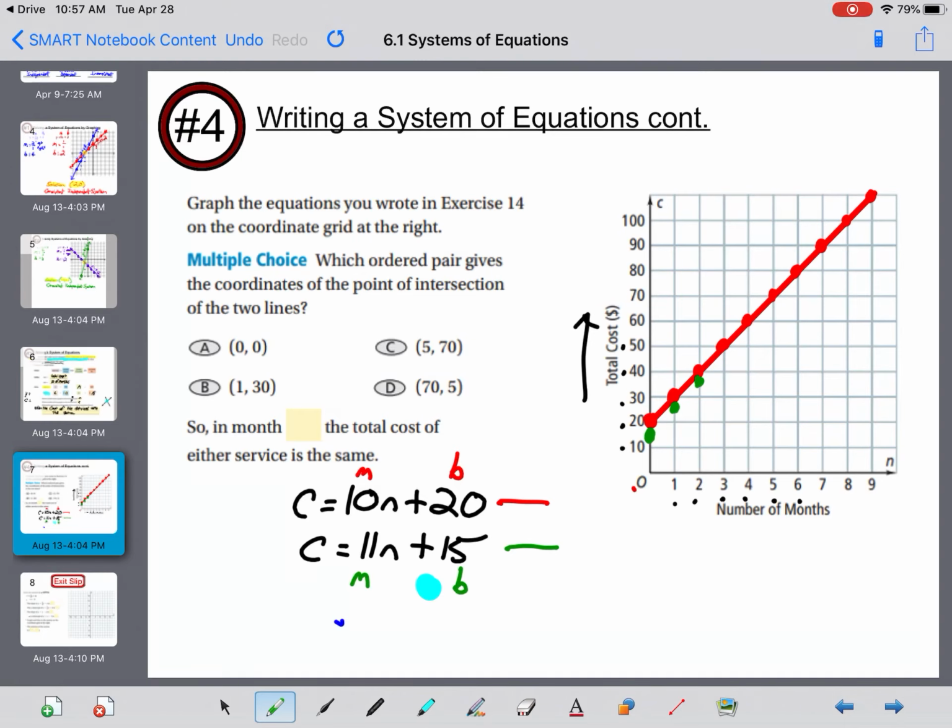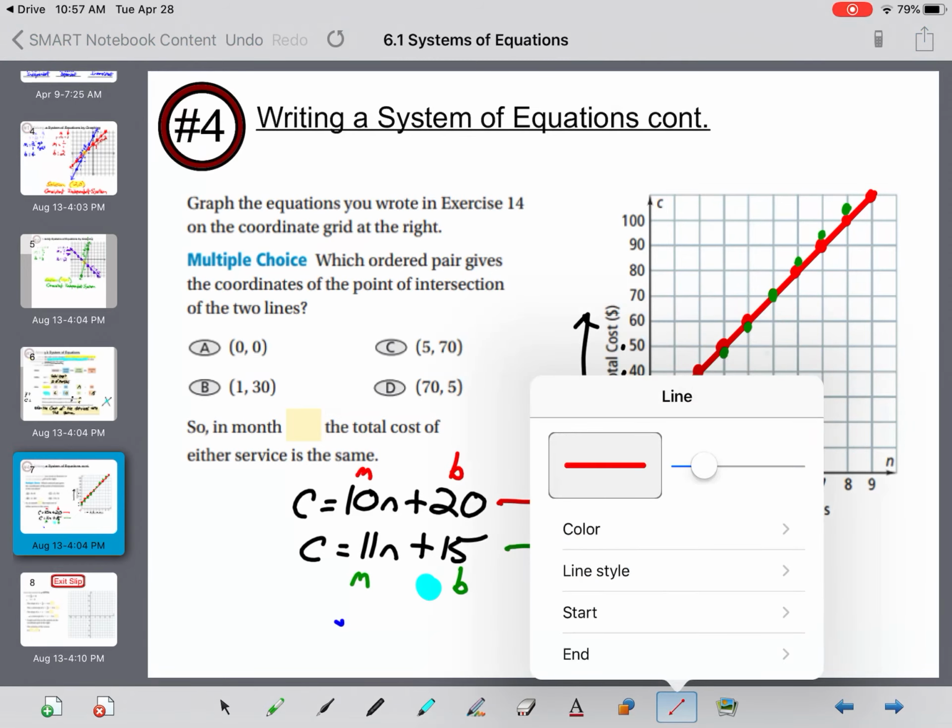Then 37, then 48, then 59, and then 70. So these hit at the same point at 5, 70. And we'll keep going. 81, 92, 103. And then we're off the graph.